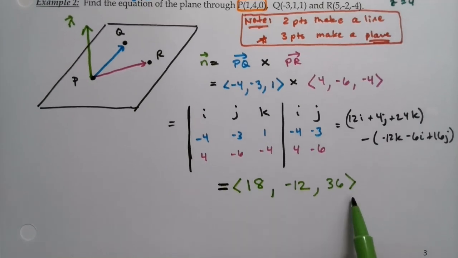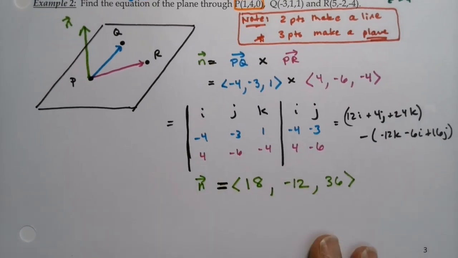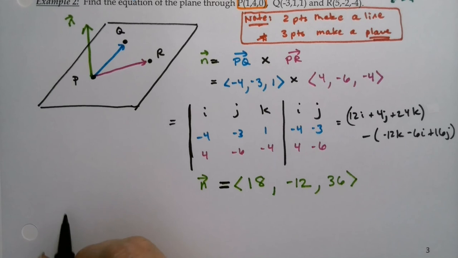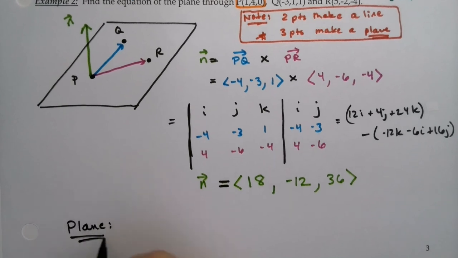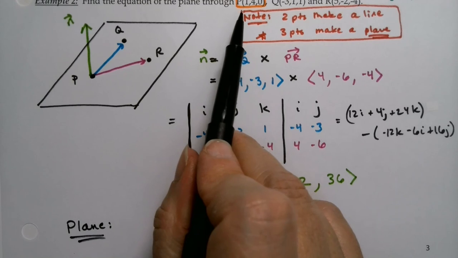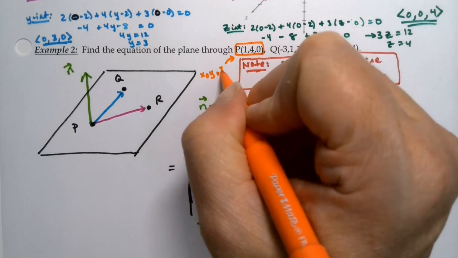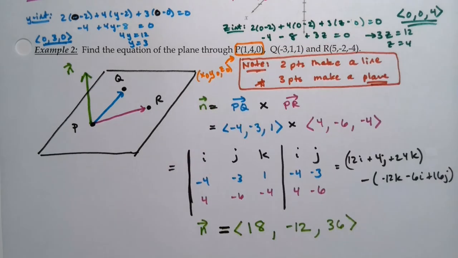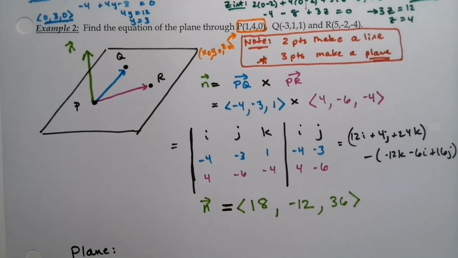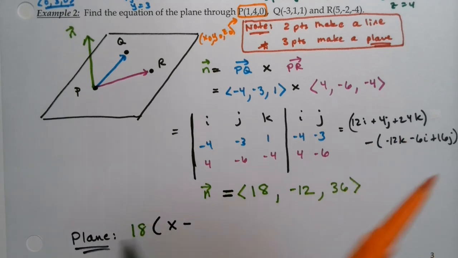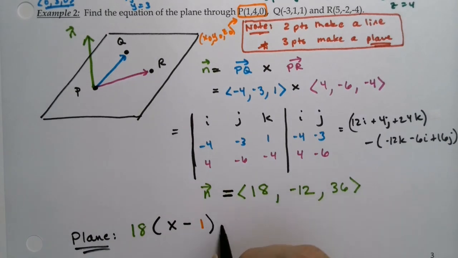All right, so I have my n right here. So there's n. N is that cross product. So then for the equation of the plane, funnily enough, all I have to do is combine my n and my point, right? So I should have labeled that one. So that is x0, y0, z0, right up there. So for the equation of my plane, it's going to be the n value, which is 18, times x minus x0, which is 1, plus, minus 12.